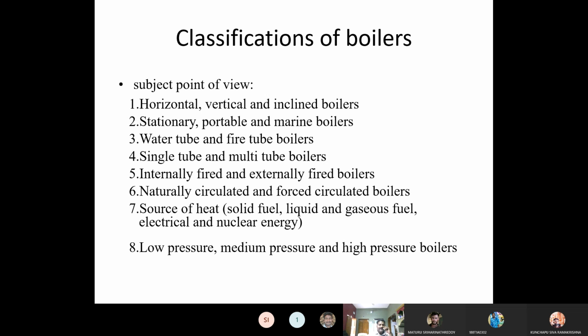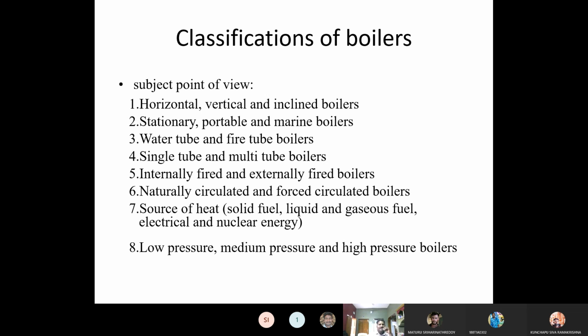Understand? And next, from the point of view of source of heat: a solid fuel, liquid fuel, gaseous fuel, or electrical and nuclear energy. Irrespective of the fuel nature, our aim is to produce heat by the combustion of the fuel.